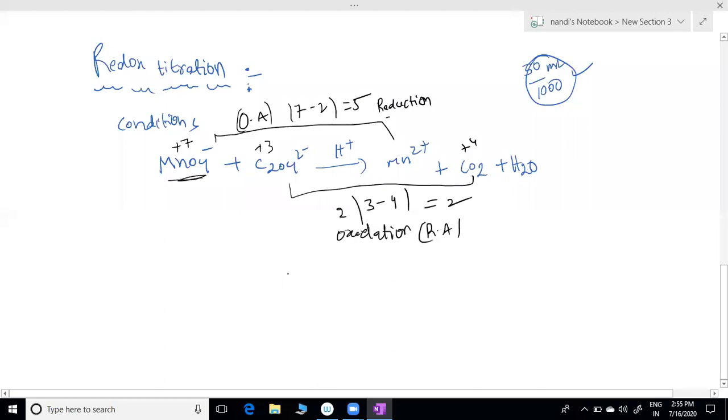Normality into volume of oxidizing agent equals normality into volume of reducing agent. Equivalents of oxidizing agent equal weight of reducing agent.